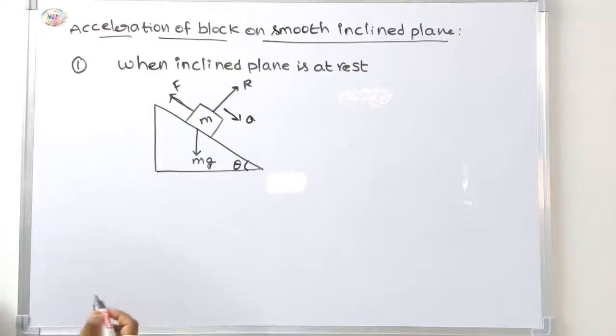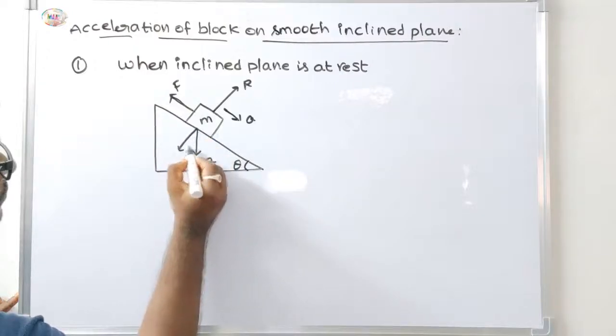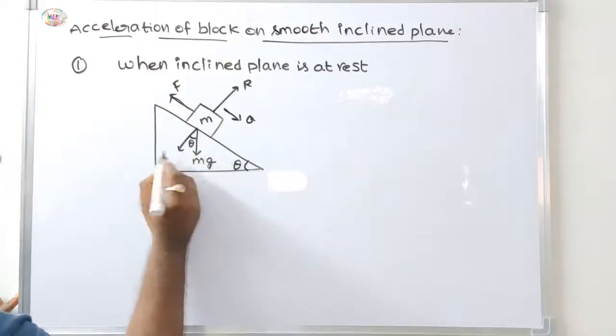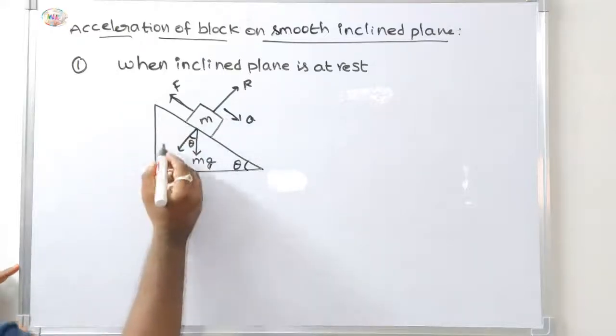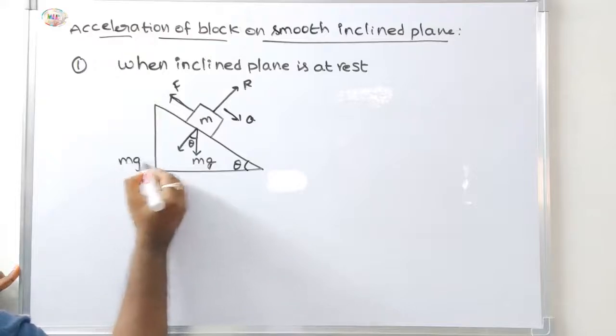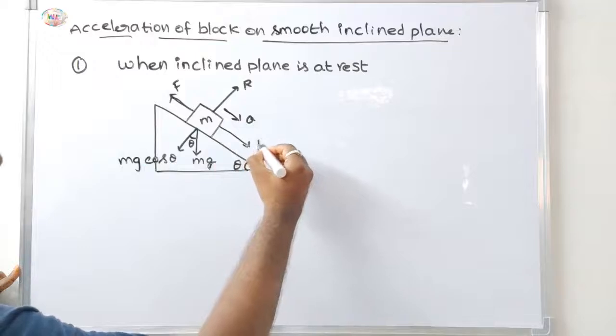Theta is resolved into two components. The first one is mg cos theta, and the other one is mg sin theta.